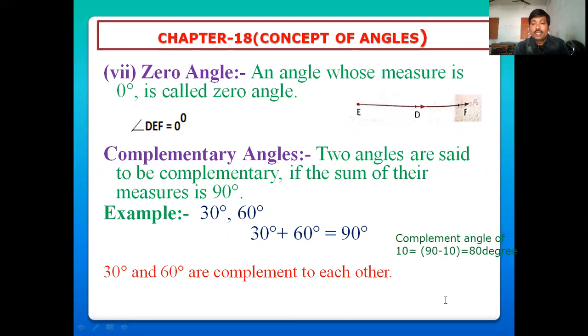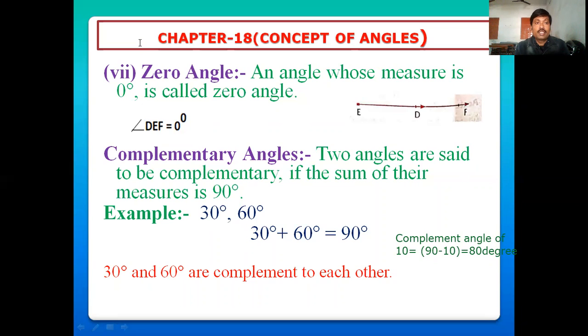So this is your answer. In this way we can find the complement angle. If you want to find the complement angle of 30 degrees, then 60 degrees is the complement angle. And if you want the complement angle of 60 degrees, then the complement angle will be 30 degrees. In this way, both these angles are complements of each other.